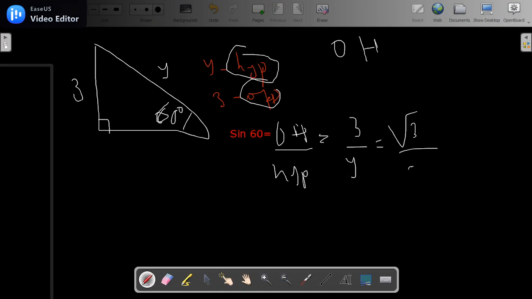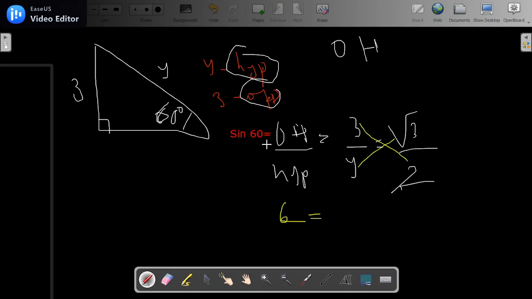So you should be able to complete this now. Then what do we do? We cross multiply. So this should be multiplied by this, while this should be multiplied by this. So we have 3 times 2, which is 6, which should be equal to y times root 3, which is y root 3.